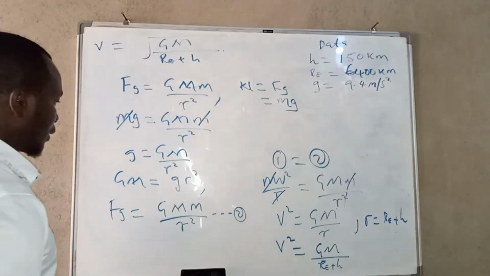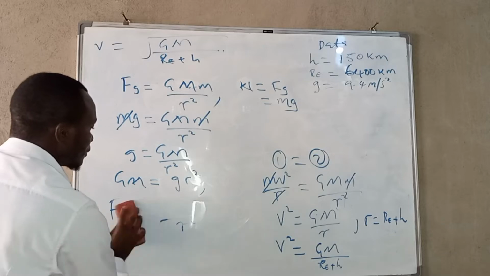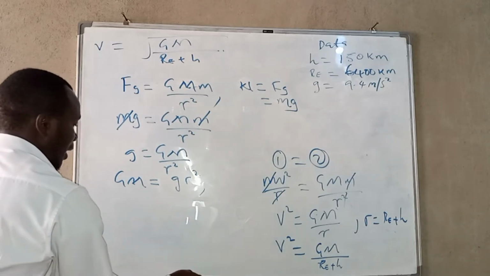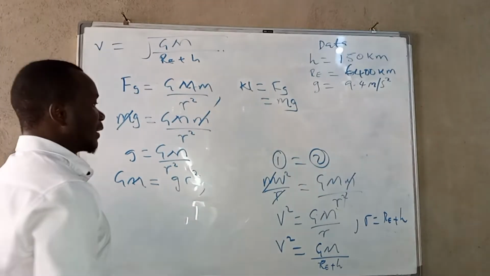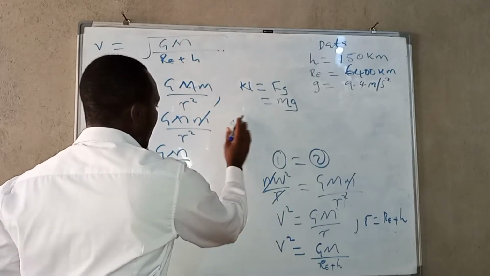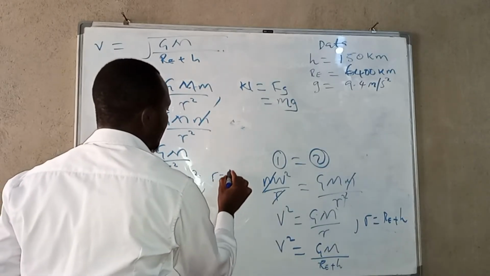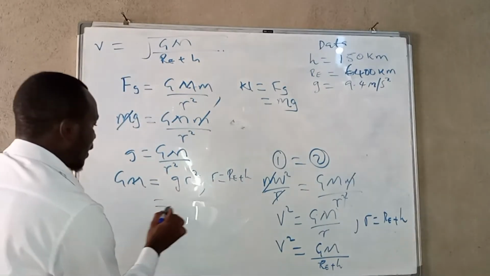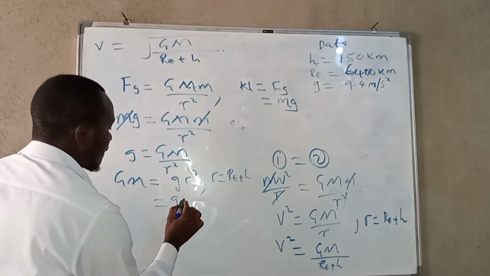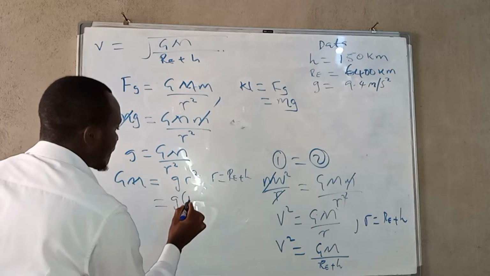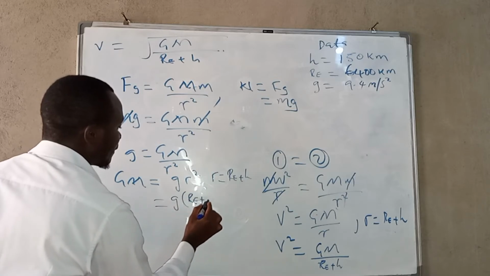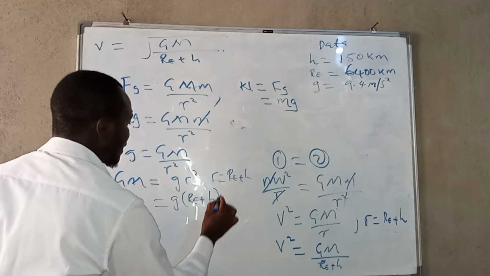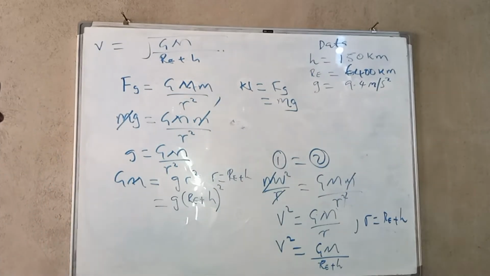But at an altitude of h, r is equal to Re plus h. So here we have GM equal to g times the radius of the Earth plus h, squared.